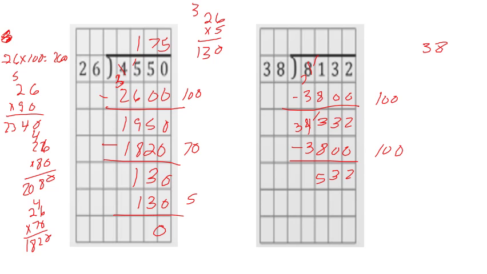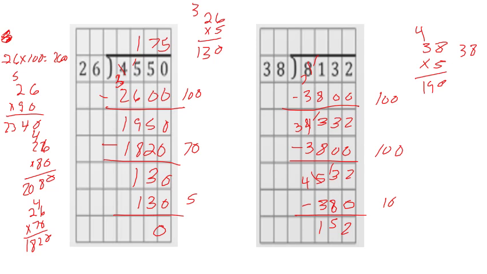So let's go with an even number. We have 38, and we know that if we multiply that by 10, we can get 380. And when you end up with 152 left. Well, if we try times 5, that's 190.